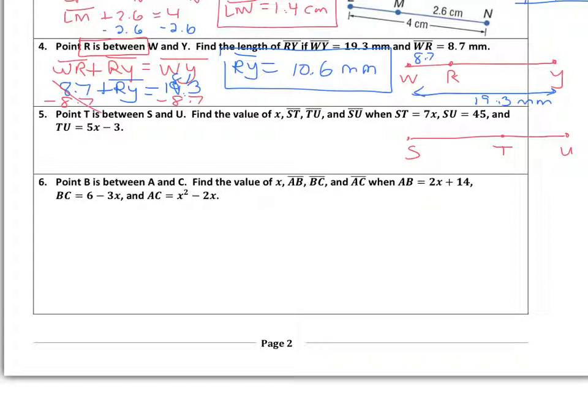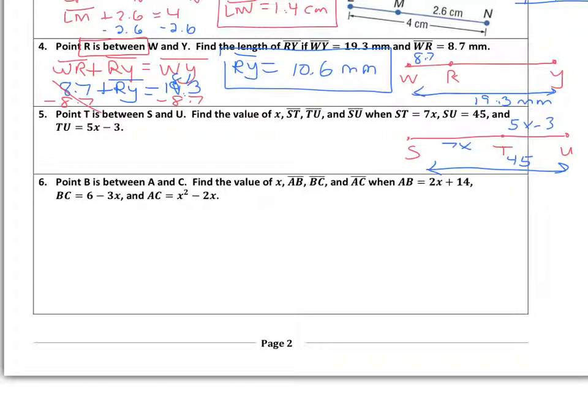Okay, it asks find the value of x, ST, TU, and SU when ST equals 7x. So we're going to label our diagram here, ST equals 7x. And SU, the whole, equals 45. And TU equals 5x. I've run out of room, so I'm going to put up top here, 5x minus 3.